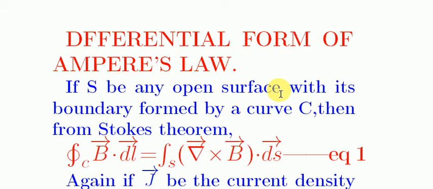If you take a bowl, then its edge is a circle, and it is a closed curve or a closed line. So a closed line is always associated with an open surface.